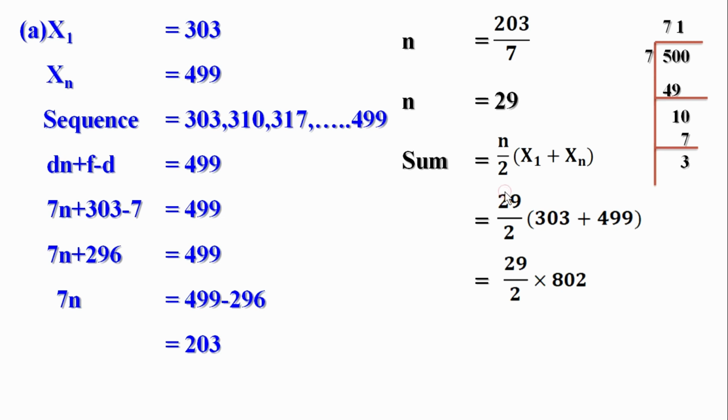Therefore, we can write it as 29 into 401, and that is equal to 11,629. That is, the sum of natural numbers between 300 and 500 that leave remainder 2 on division by 7 is 11,629.